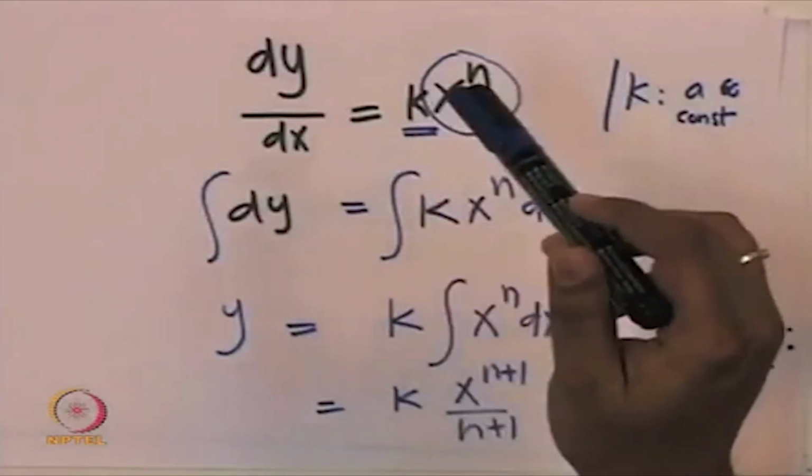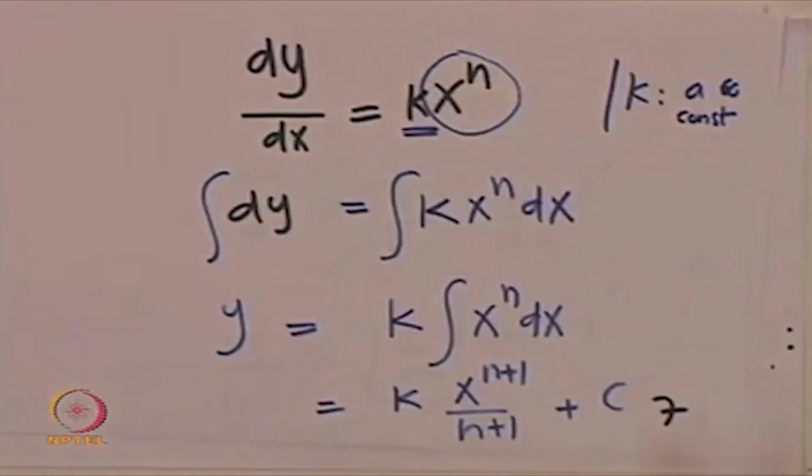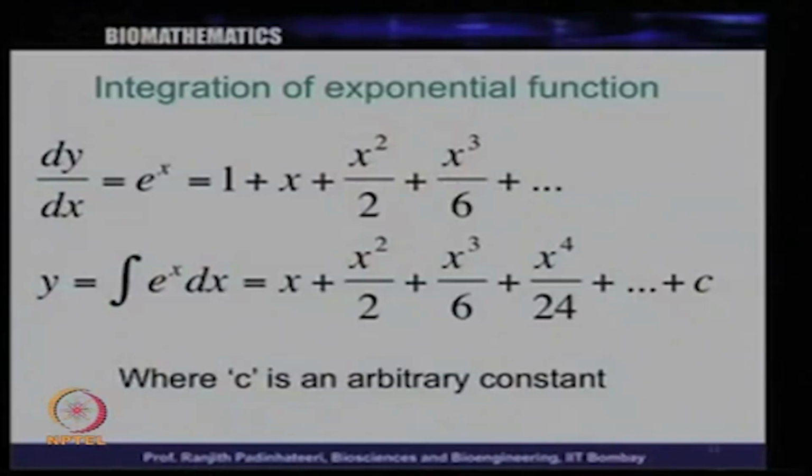If you have k times some function of x, you can take k as a constant and find the derivative of the function of x alone. So, this rule is applicable for differentiation and integration. Once you know this, you can go to the next one, which is integration of the exponential function.